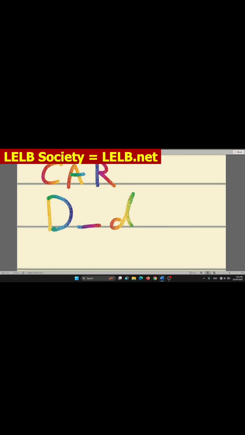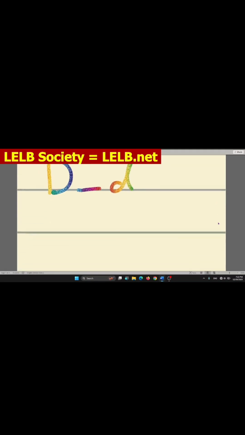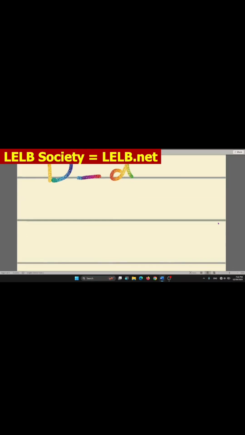And what about D or lowercase d? Can you name a word? It's an animal that starts with D, like cat, barks, dog. Dog.